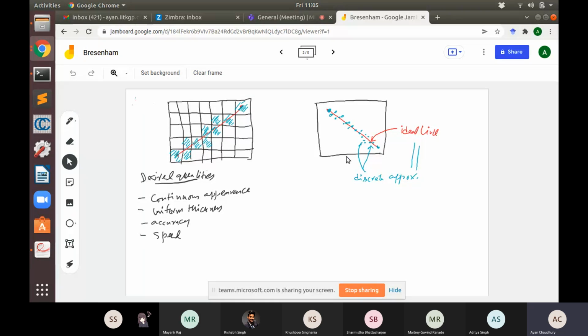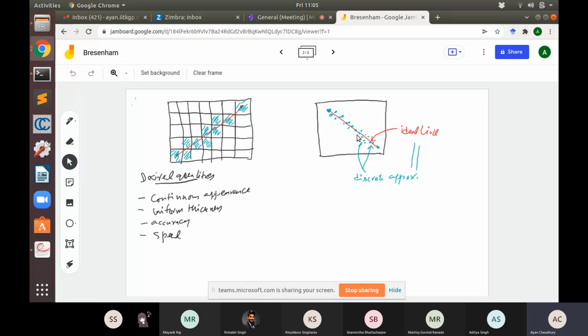Approximation means we are talking about a discrete approximation here. Although this red line looks solid, ideally, sometimes it's not possible because of the slope of the line. If it's a horizontal line, it's not a problem because you just paint the pixels sequentially. But when it's not horizontal or vertical, it has some inclination, so you have to identify the pixels that have a close approximation of the line.